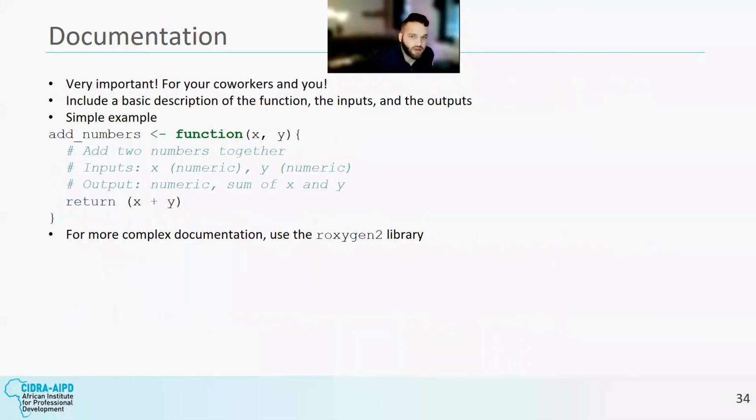Finally, the last concept we'll go over, but probably one of the most important, is documentation. Documentation is extremely important for both you and your coworkers. All you really need to do is include a basic description of the function, the inputs, and the outputs.